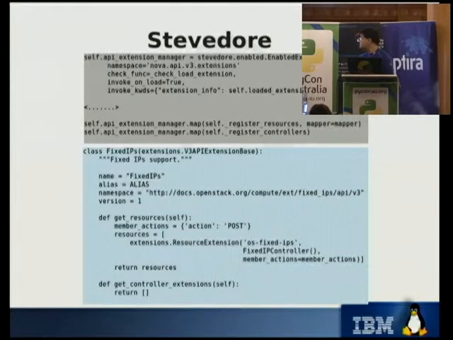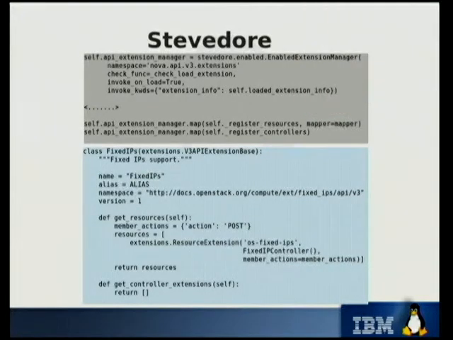This is an example of using Stevedore and how much easier it's made things. You can see the top part is loading an extension. It's just a matter of saying what group name for the entry point you're using. You can supply a function which does some checking on the extension to see whether you want to load it or not. That may be a blacklist check, a whitelist check, to make sure that the object you're loading looks like an extension. You can pass parameters to it.